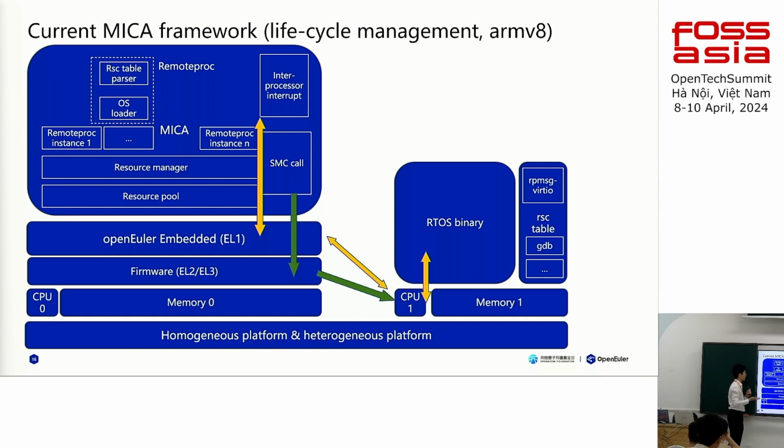So in our MICA framework, we have many remote proc instances. And below the remote proc instance, we have a unified resource manager to manage all kinds of resources in our MICA framework. And above each remote proc instance, we will call the interfaces of remote proc to load our OS binary to the destination memory and parse the resource table and boot up, etc. Doing a lot of things.